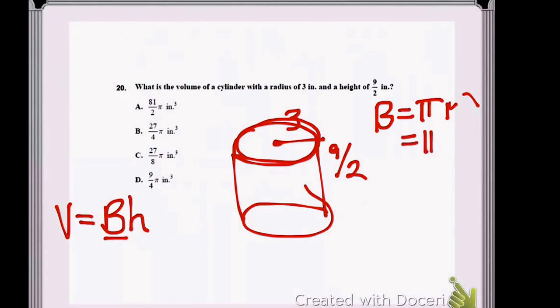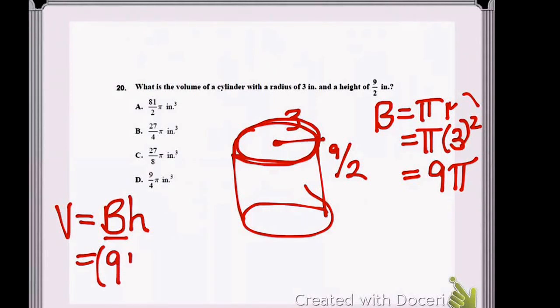So that's going to give me pi times 3 squared. If I put that in my calculator, I get 9 pi. So I'm going to substitute that over here for my area of my base. And I look at my picture to find my height. That would be 9/2. And I multiply to get the volume of the cylinder. So that's it for this unit.